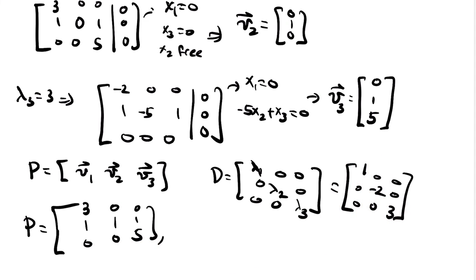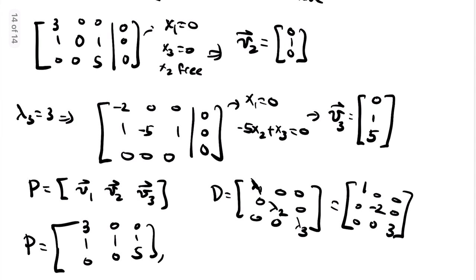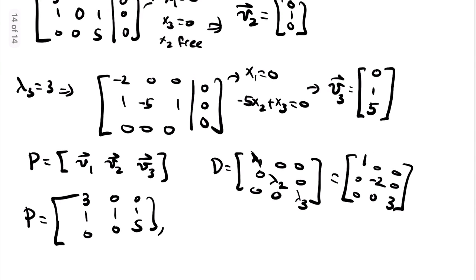I could, if I want, flip these two, but that means I also have to flip these two to get the right answer back out. And there you have it. You can check if you'd like, either by hand or via Wolfram or something like that, that A does indeed equal this matrix decomposition. Thank you.